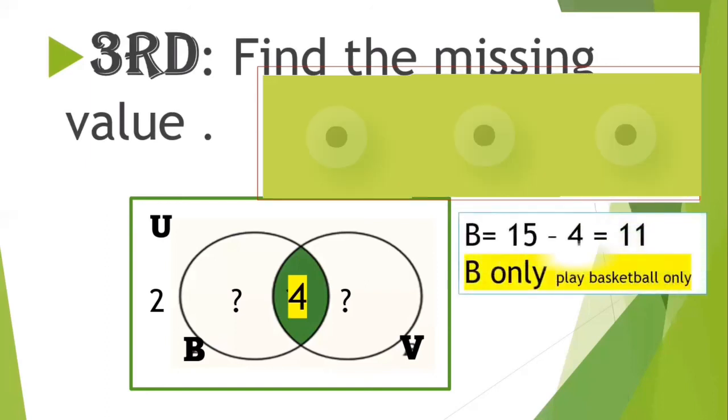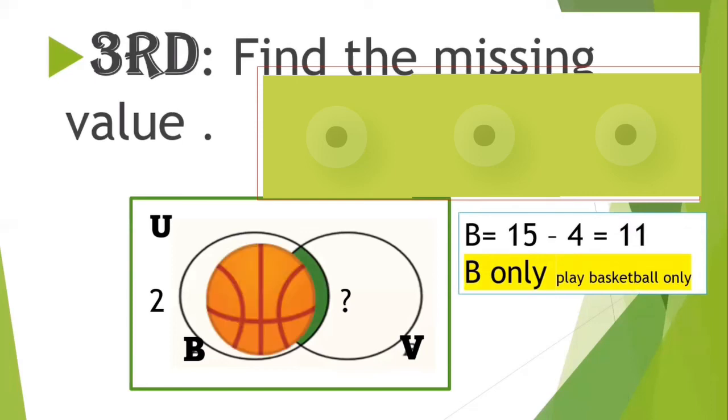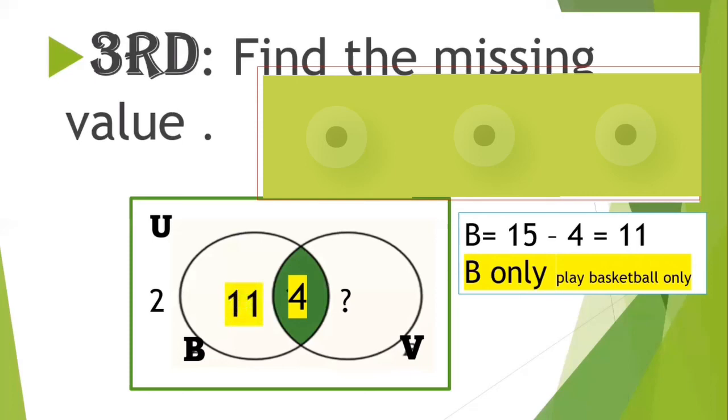Kasi 'di ba kanina sinabi na ang naglalaro ng basketball is 15. Since meron siyang intersection na 4, ima-minus natin siya sa 15. 15 minus 4 is now 11. Then that is the B only, the only region. So, siya yung mga naglalaro ng basketball na hindi naglalaro ng volleyball.